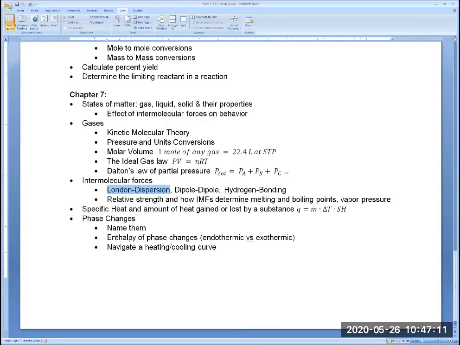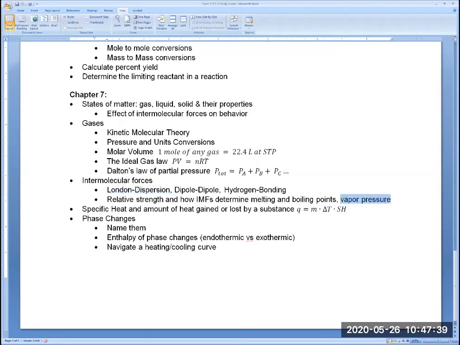The stronger the molecules are held together, the more energy it requires to reach the boiling point or the melting point. So that will increase the boiling point and the melting point if the forces are very strong between the molecules of a substance. When you compare two substances, the one that has the strongest IMF will have the higher boiling point.